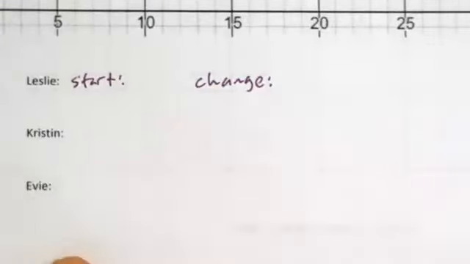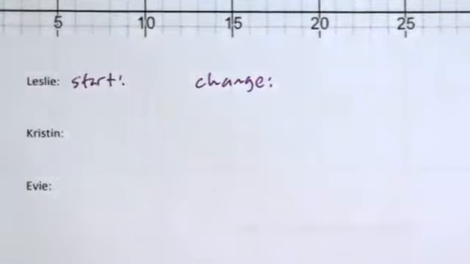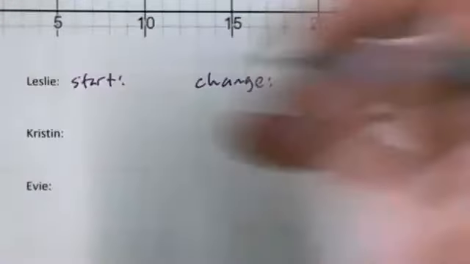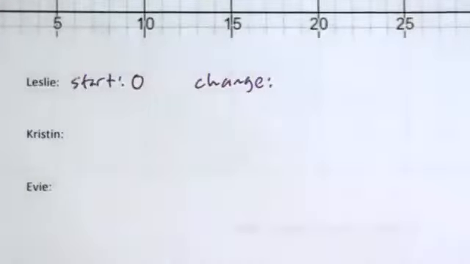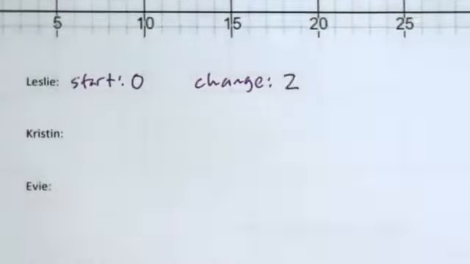All right, so where do you think Leslie's start value is? 0, because she started at the start. The start is usually 0. I like it. Let's go 0 for our start. And what about Leslie's change? Must be 2 meters every second. That's great.